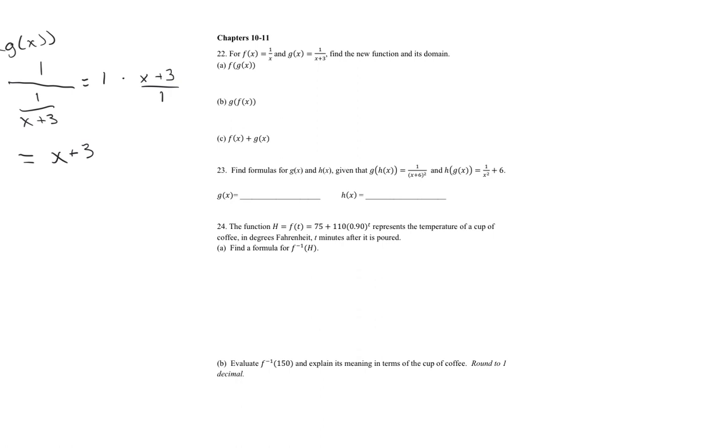Okay? And so we see that from where this function comes from, now that we're looking at the domain, it's going to go from negative infinity all the way to negative 3, and then union negative 3 to positive infinity.